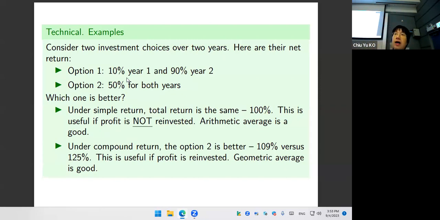So it happens to be important, and in that case the geometric mean is more important. I should put it under technical, so I should grade this, but you know what? Is that okay?